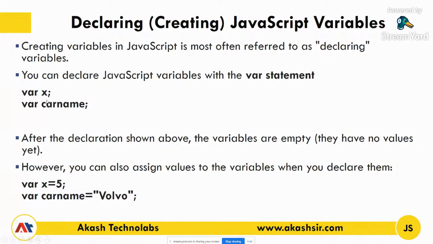Here you can see this is my variable X and this is my variable carName, and you can specify the value. The variable X has a value of 5, and the variable carName has a value of Volvo. Okay, so you can define and initialize your variable like this.